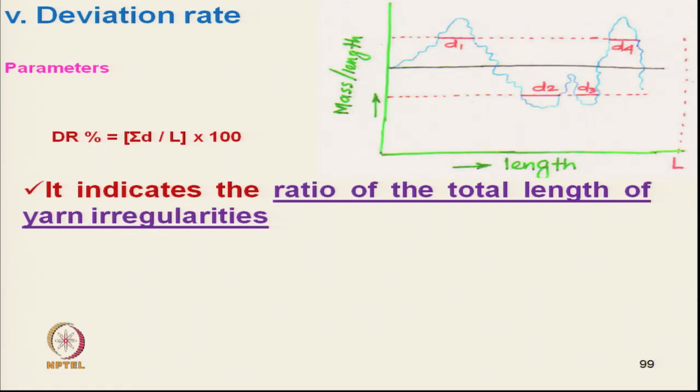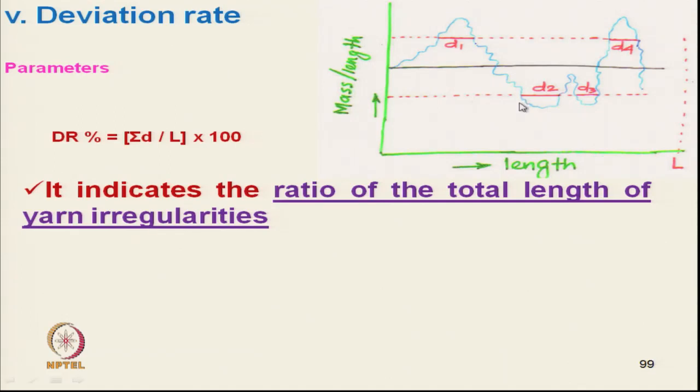So, more than 50%, what is the total length of the yarn? This T1 length is the length of the yarn which is having 50% or more mass per unit length.